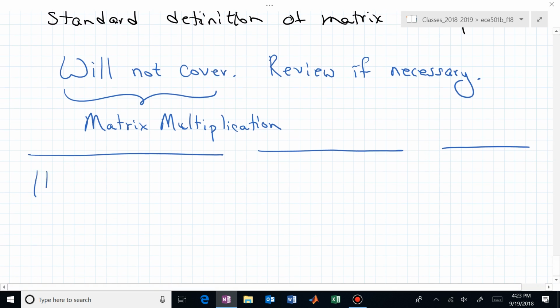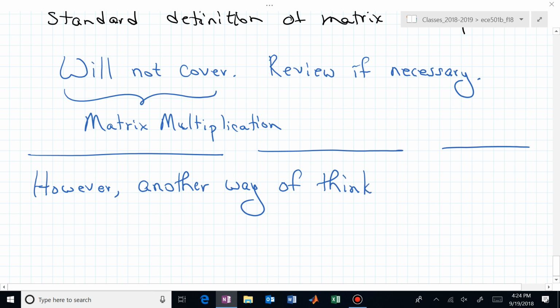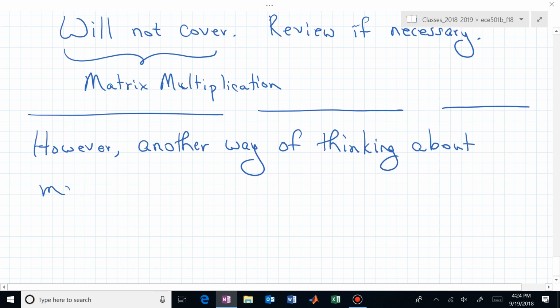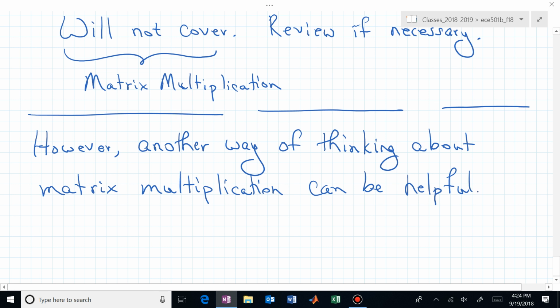So, another way of thinking about matrix multiplication can be helpful.